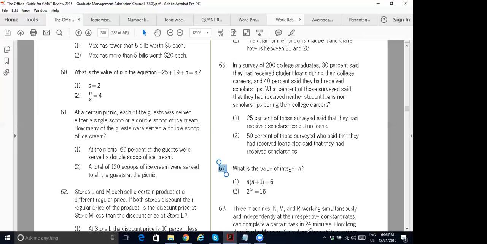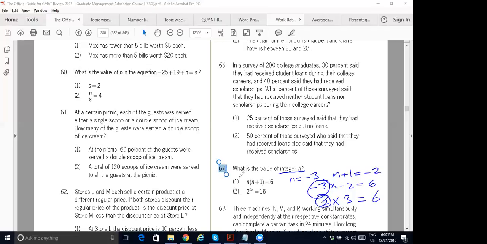Can you reject the statement? So we are given that it is integer n. We don't know if it is positive or negative. If I take n as negative 3, n plus 1 will become negative 2. It works. So negative 3 times negative 2, we will get positive 6. So it can be this or n can be 2 as well. So we are getting two distinct values here. So statement 1 cannot answer the question.